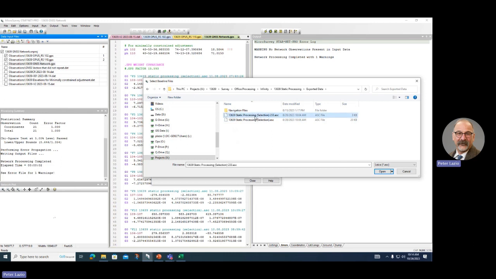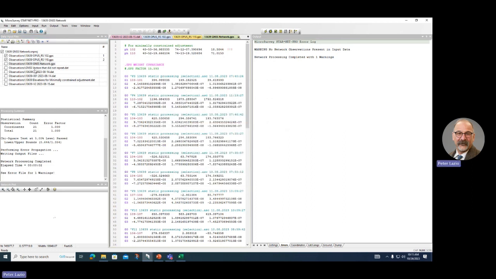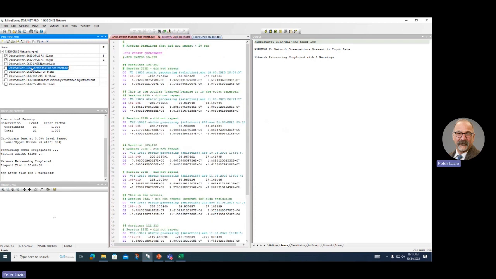I would select those, and it would create the GPS files. I would get one big GPS file, one DAT file. I separated out the vectors that didn't repeat, and that was just a cut and paste operation, so I could pay special attention to them.